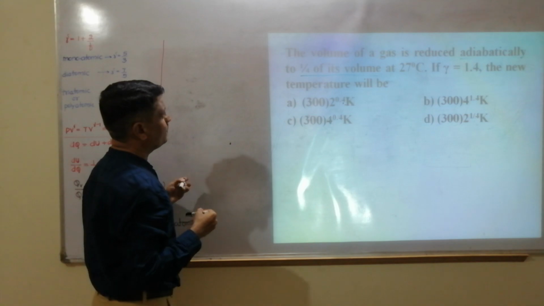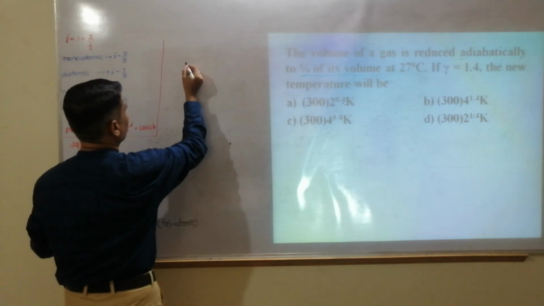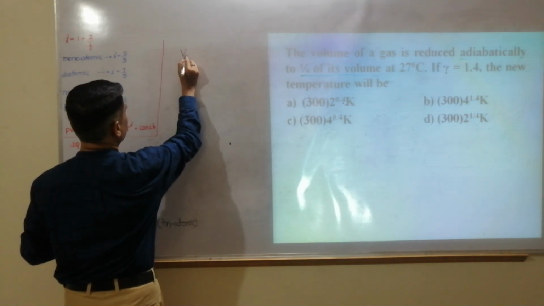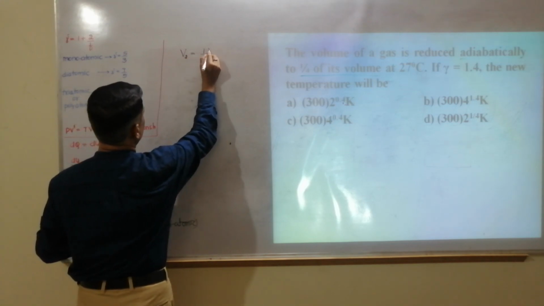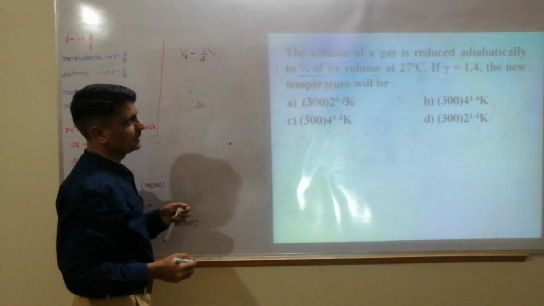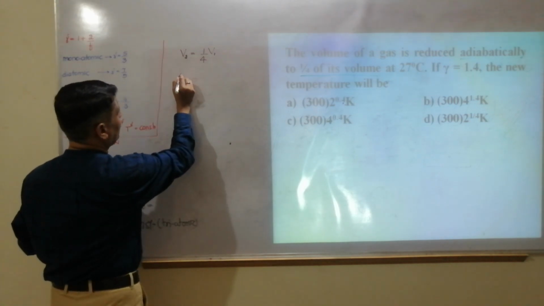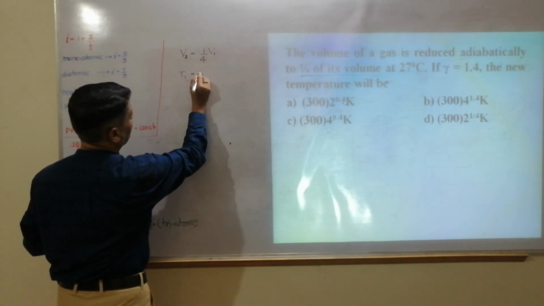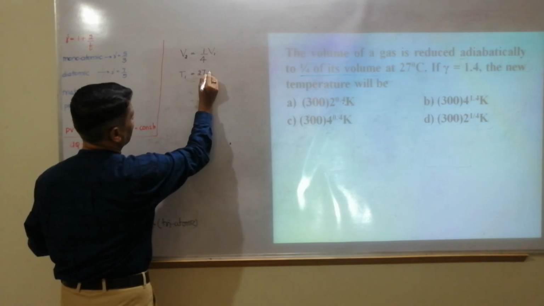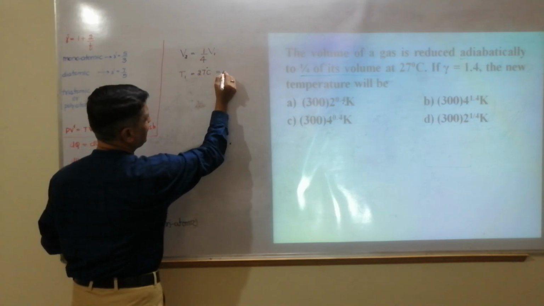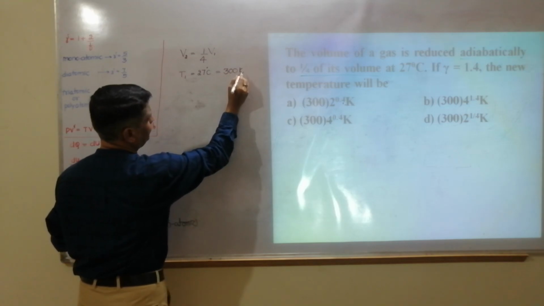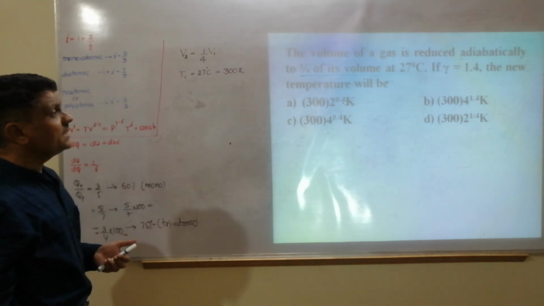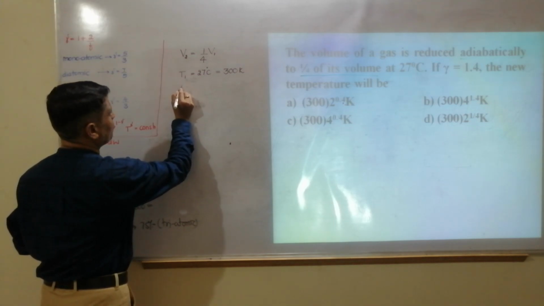It means final volume V2 is equal to 1/4 of initial volume V1. And temperature of the first case is 27 degrees Celsius. We should write in Kelvin, therefore it is directly 300 Kelvin. Okay. See, we are asked T2, how much?